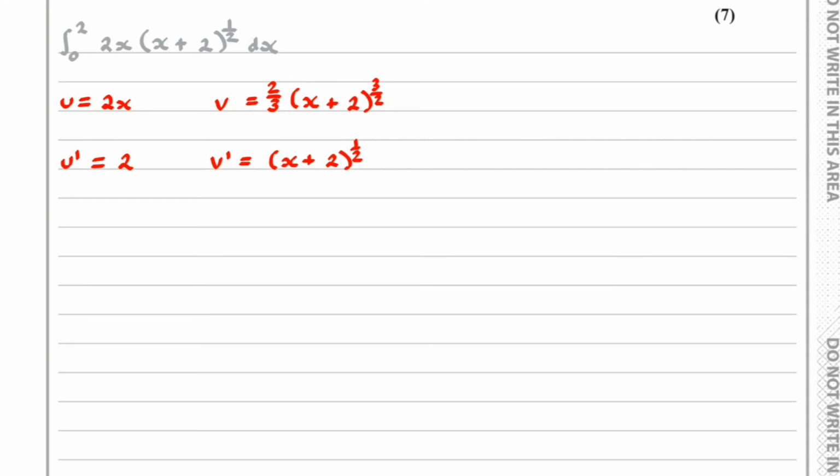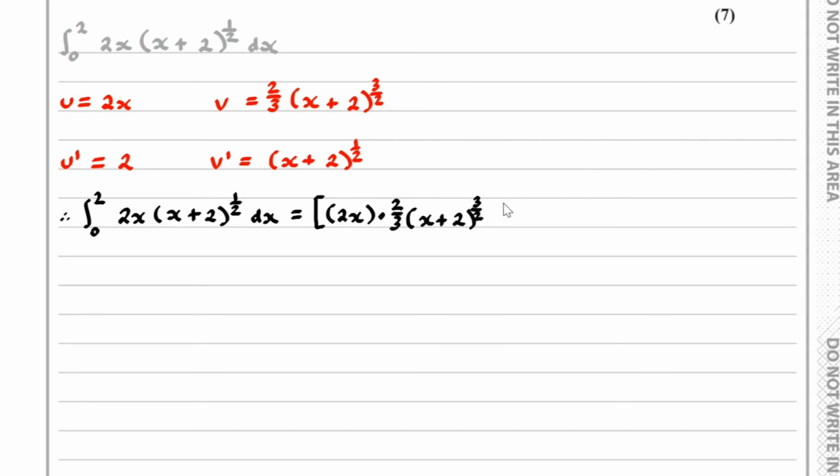And now at this point, we can quite happily integrate. So, the integral from 0 to 2 of 2x times x plus 2 to the power of 1/2 with respect to x, I have here, if I open up my bracket, u, which is 2x, times v, which is 2/3 times x plus 2 to the power of 3 over 2, then close brackets.